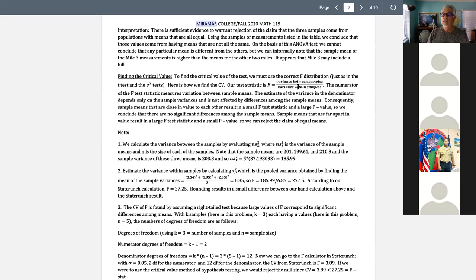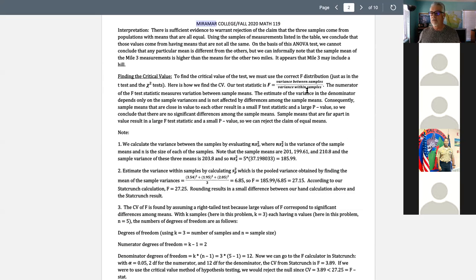So we'll have something that we'll call the variance between the samples. And remember, I indicated that the variance for all of these populations from which we sample is the same. Then we'll compare, in the denominator, the variance within the samples. So even if you have 3 samples where it looks like the means are close together, what about the variation in each individual sample itself?